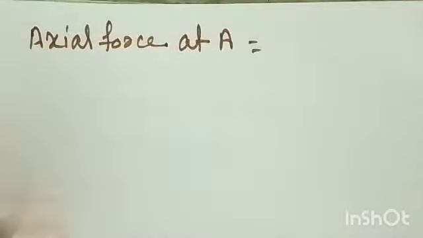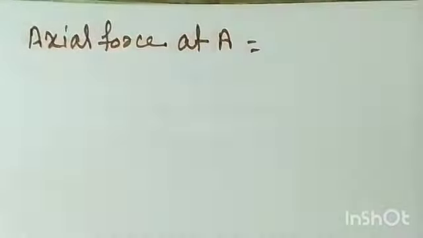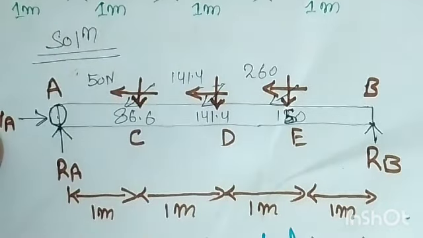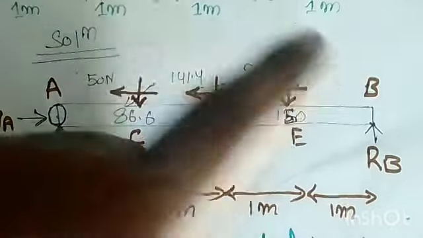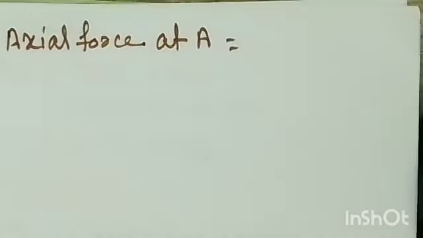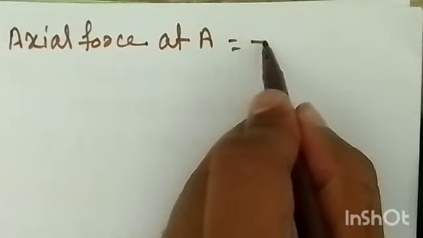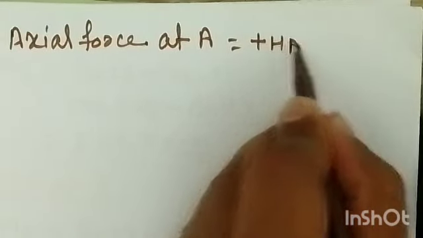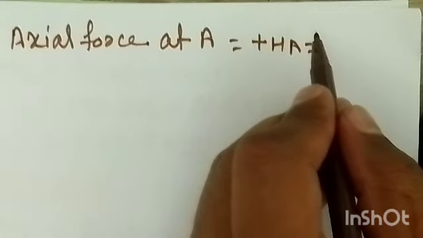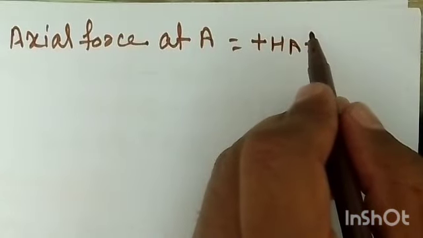I'll show you. This is your beam, and the horizontal reaction is going towards the right. So right side force will be positive, means HA is going right, so it is positive. This is negative, this is negative, this is negative. So the horizontal force at A is nothing but the horizontal reaction which is plus HA, and it is equal to how much?